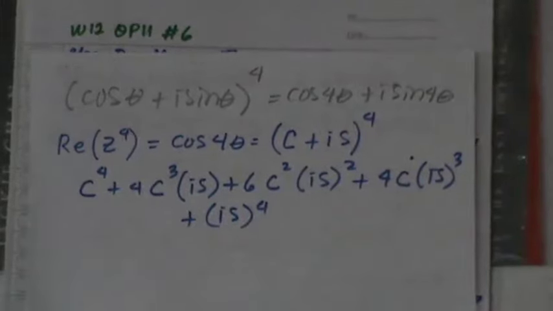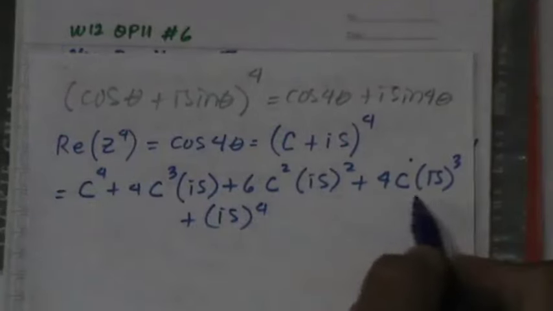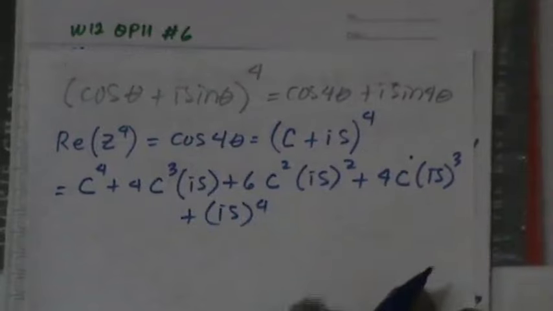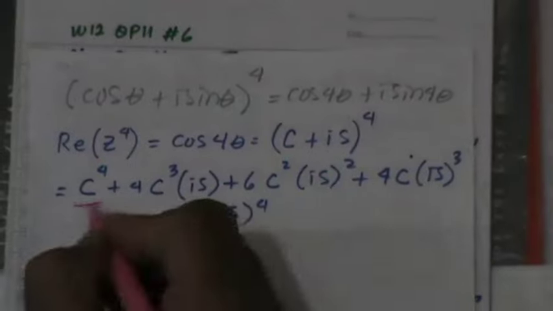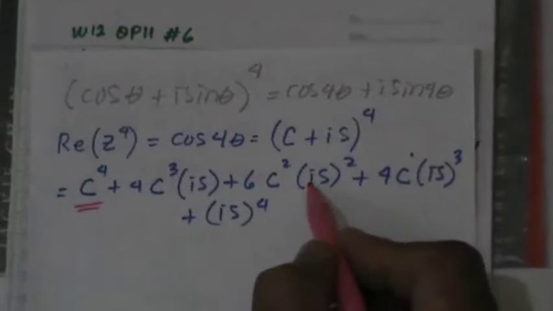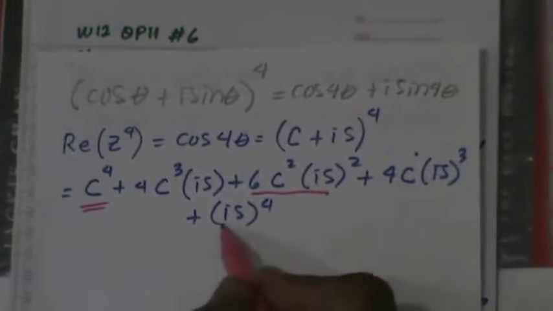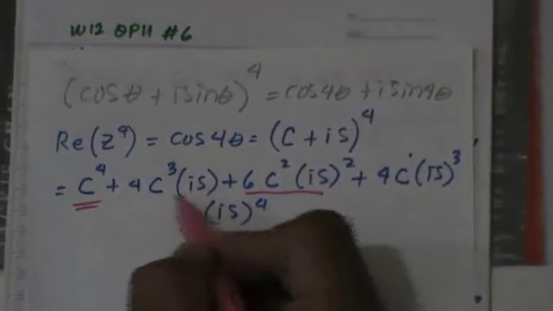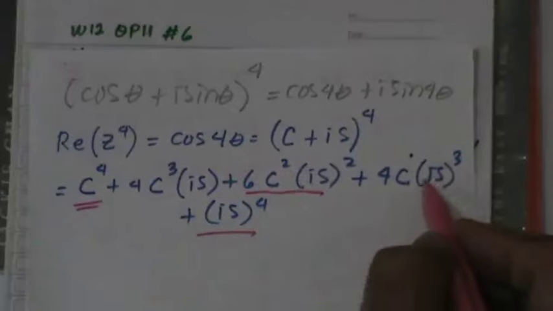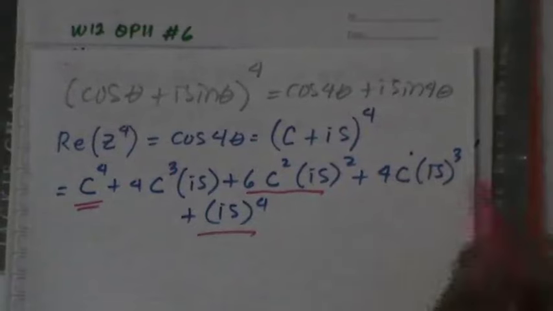Again, we're only interested in the real part. So c to the 4th is real. This one is i squared, which becomes negative 1, that is real. This one is i to the 4th, which is real. This one has an i, so it is imaginary. This one is i cubed, which is negative i, so it is also imaginary. We don't like those.